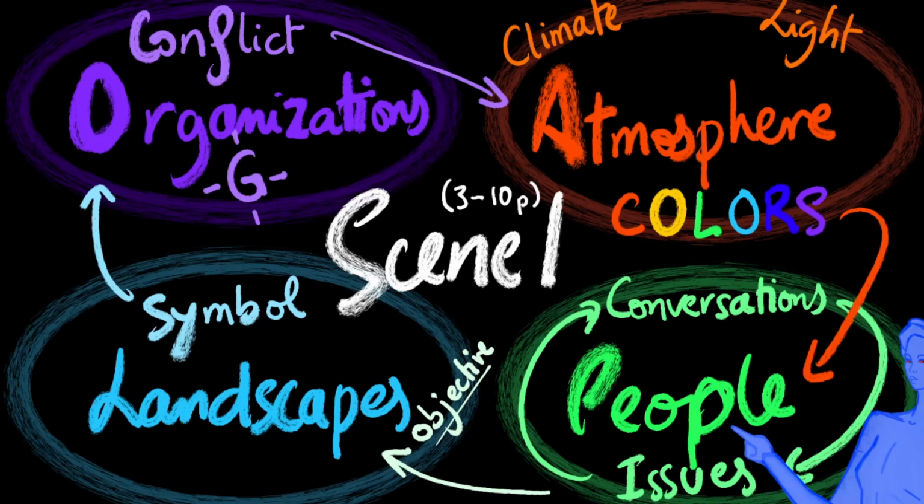For example, while you're presenting people, while you're presenting the daily life, do it through simple conversations, either with your characters or only conversations that are heard by your characters. These conversations, these rumors, will be heard by your characters, and it will alert them to potential issues.